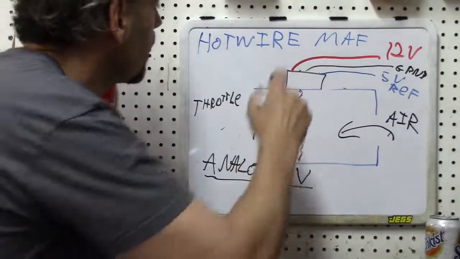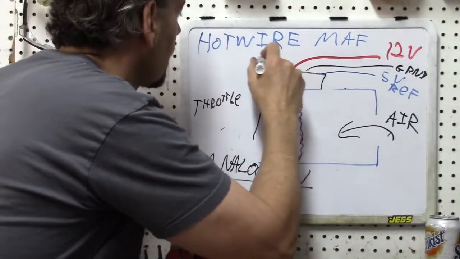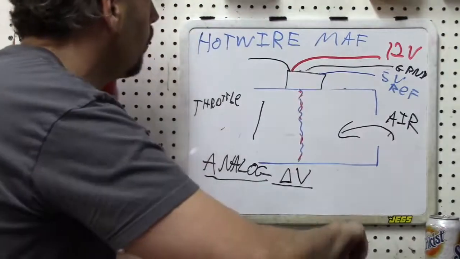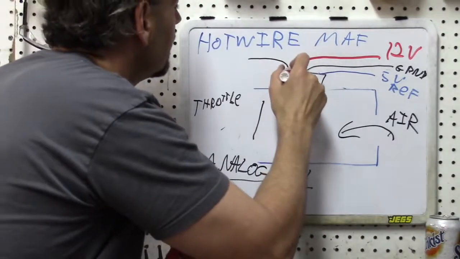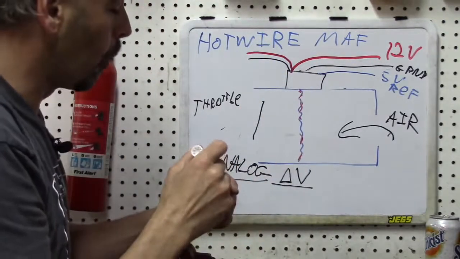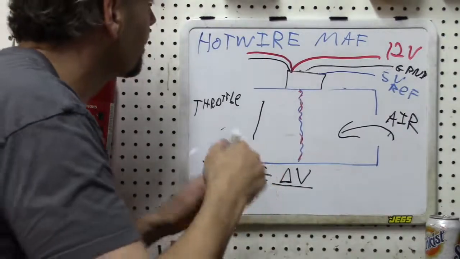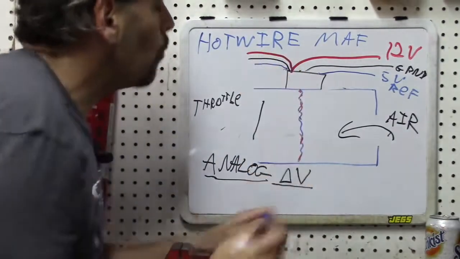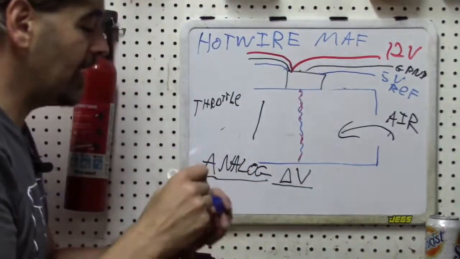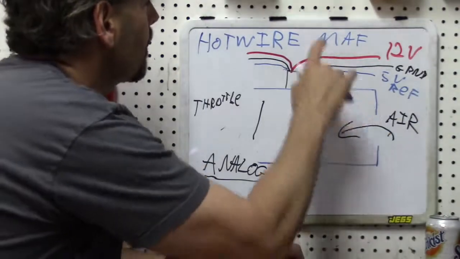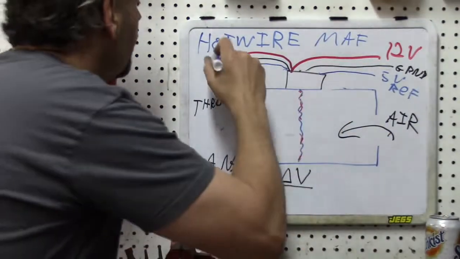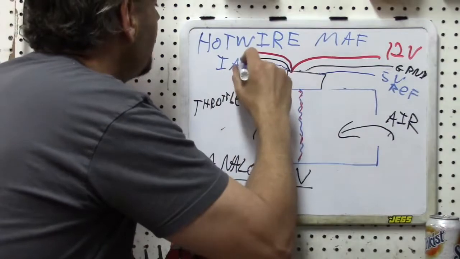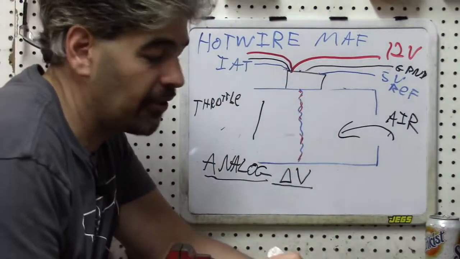If you have 6 wires on your MAF sensor, or more than 4 for sure, then what you have is sort of an integration of your MAF sensor with the IAT. And on newer cars, I see this more and more.